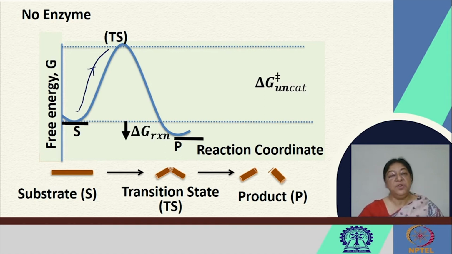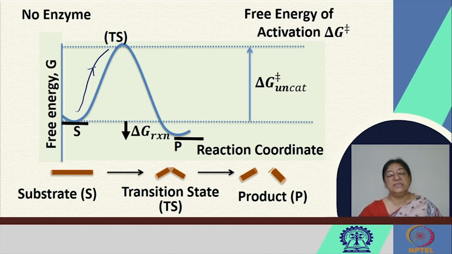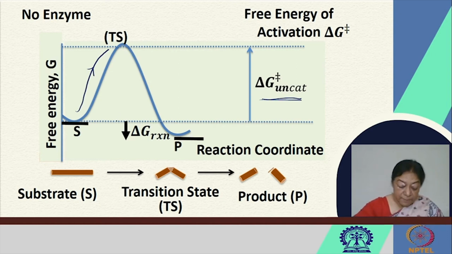We have therefore a delta G reaction associated with this formation. The uncatalyzed reaction has a free energy of activation that is given by delta G dagger uncat. This uncatalyzed reaction, we realize, has a free energy of activation that is given by this energy difference.